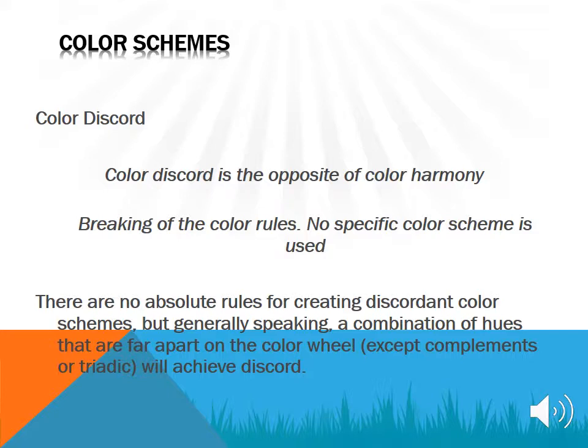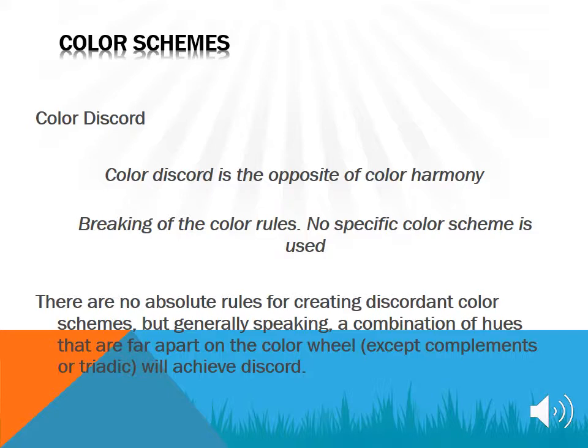The last color scheme is called color discord. Color discord is the opposite of color harmony. It is the breaking of the color rules, and no specific color scheme is used.